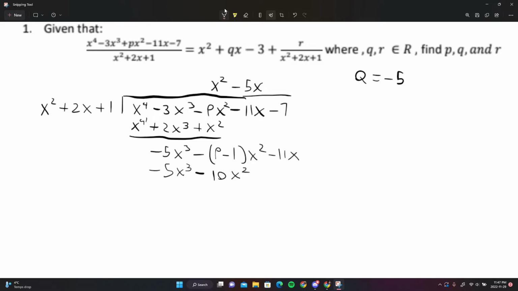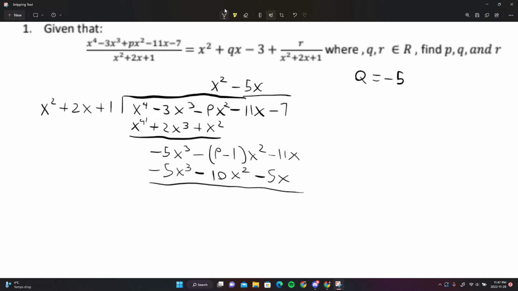And then 1 times negative 5x is just minus 5x, right? So again, as we do in long division, we're going to subtract. The 5x to the 3 cancels out. And then we're going to subtract the p minus 1 with the 10x squared.